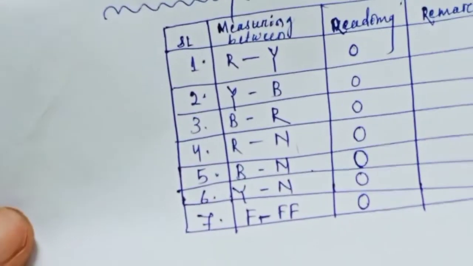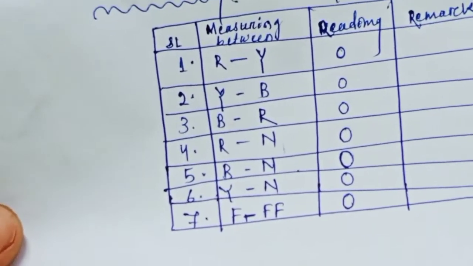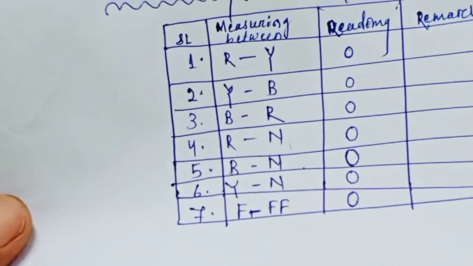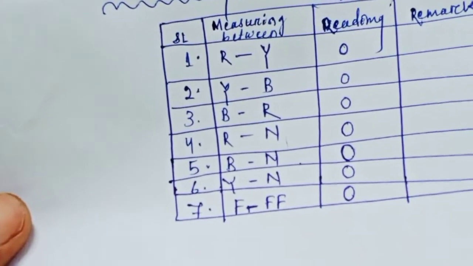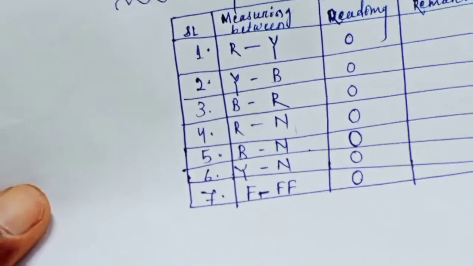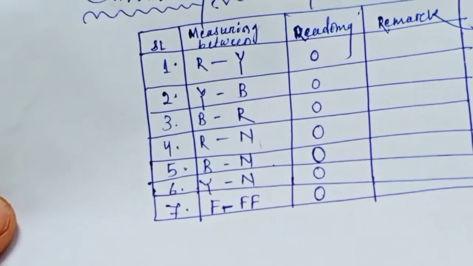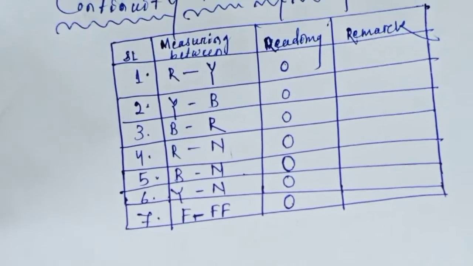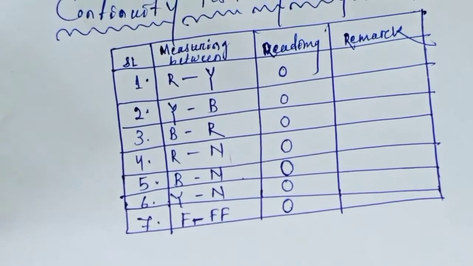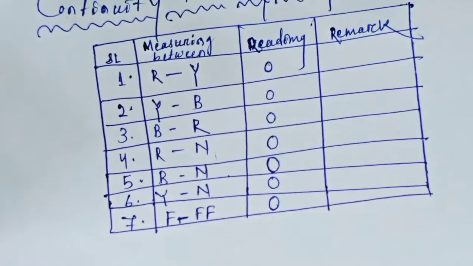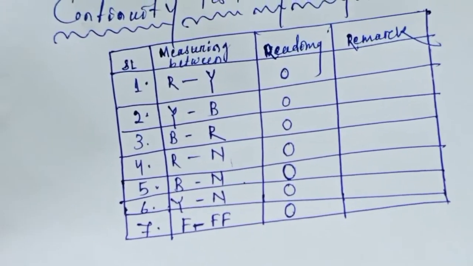Here all the readings between R to Y, Y to B, B to R, R to N, B to N, Y to N and F to FF are showing 0, meaning all are in continuity. We can write in the remark that all are showing continuity, there is no open.